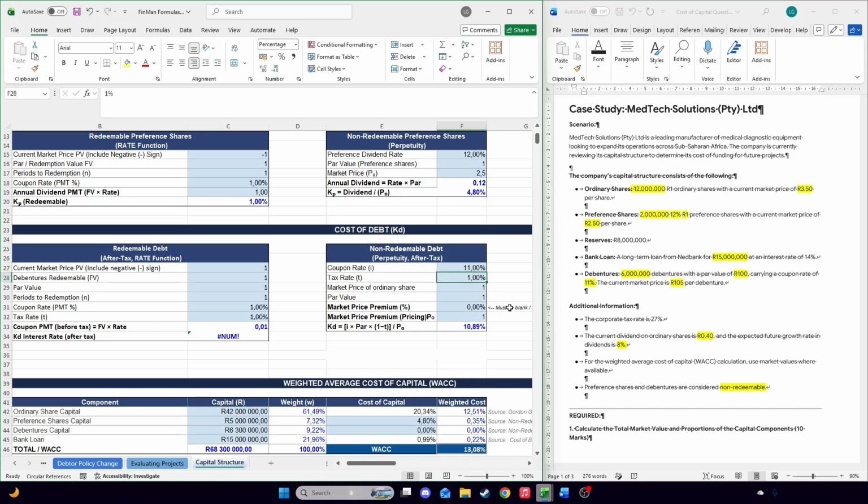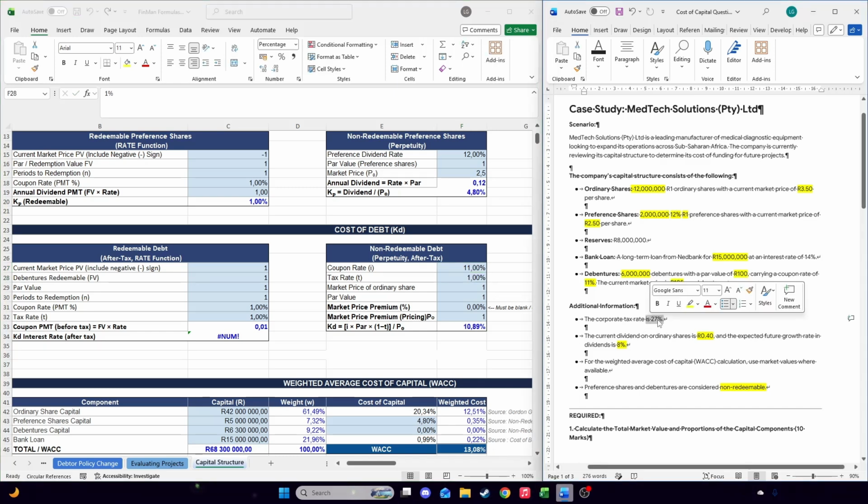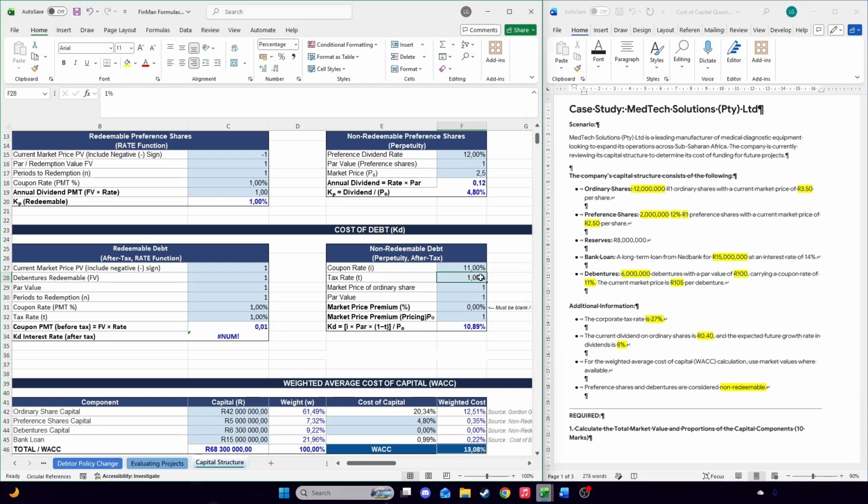We know our tax rate is 27% as it's stated over here. We know the market price of the ordinary share is up over there at 3.5. And we know the par value of debt is 100.